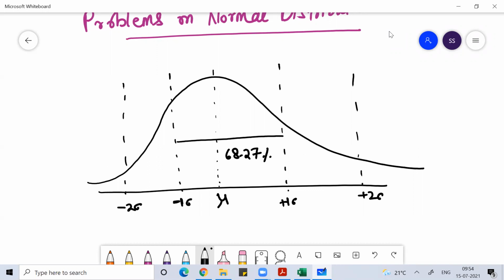There we studied that not all the data will lie at the center. Data may be dispersed from the center, and that possibility we studied in measure of dispersion. So 95.45% of the data will lie in the plus minus of two standard deviations.